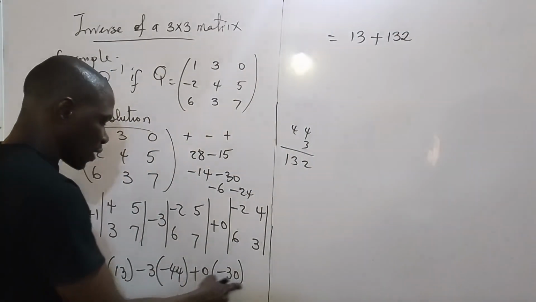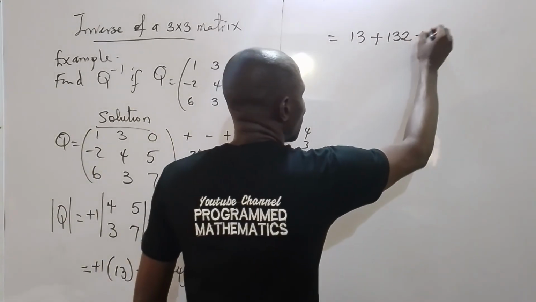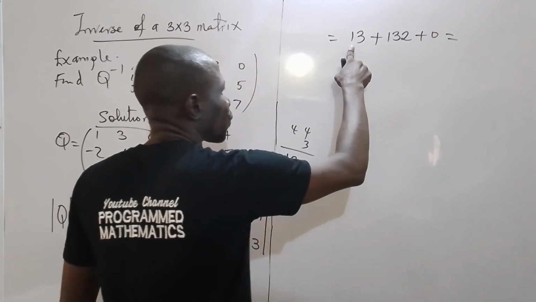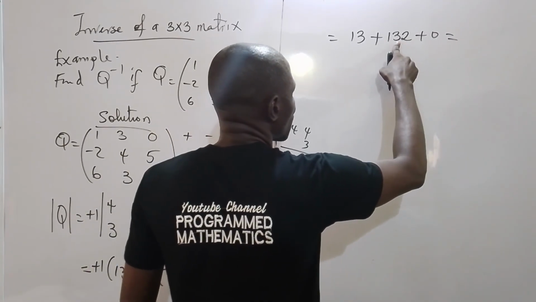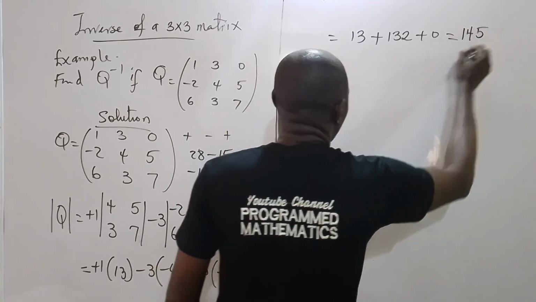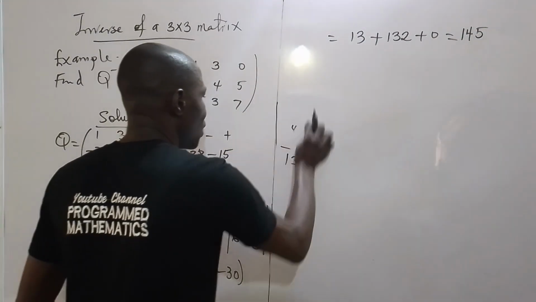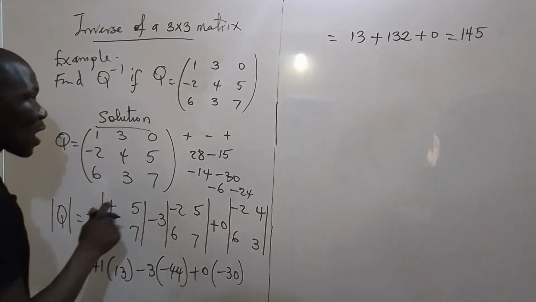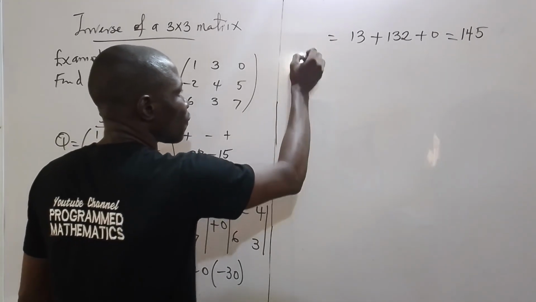And of course, 0 times minus 30 is 0. If we simplify this, 13 plus 132 will give us 145. So the determinant of matrix Q is 145. Then the next thing now is to obtain the matrix of the cofactors.